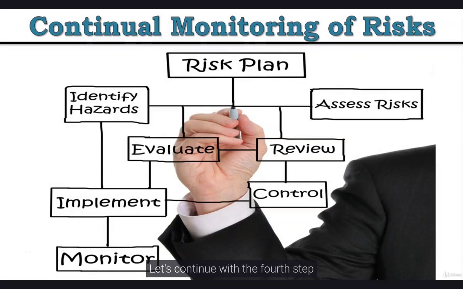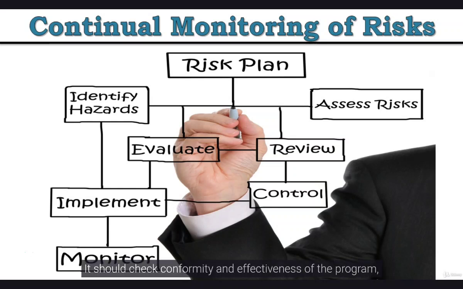Let's continue with the fourth step of the risk management process, which is continual monitoring of risks. Once an organization has established a supply chain risk management program, including processes for identifying and treating risks, it should implement a monitoring program evaluating plans, procedures, and capabilities through periodic review, testing, post-incident reports, and other exercises.